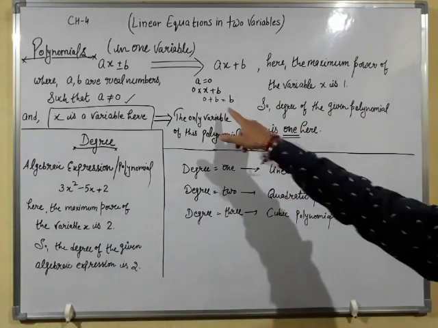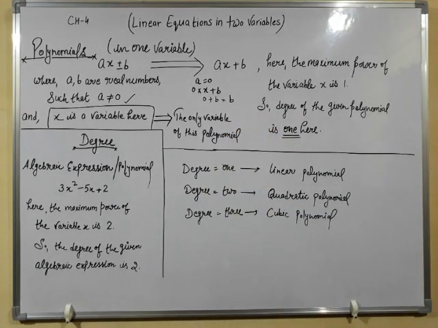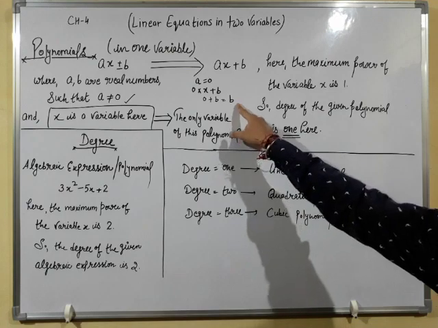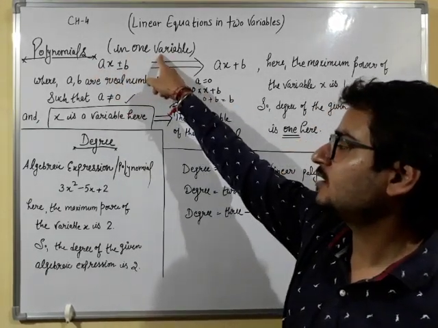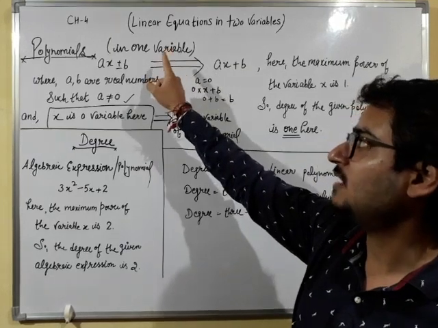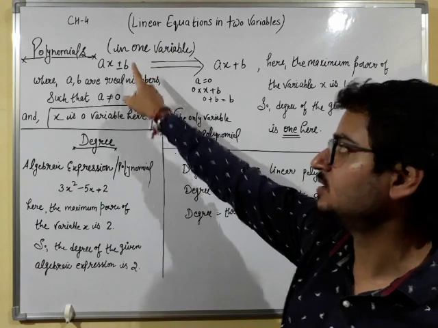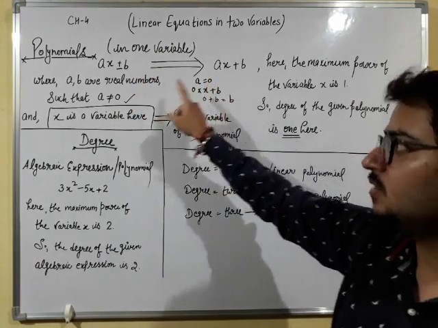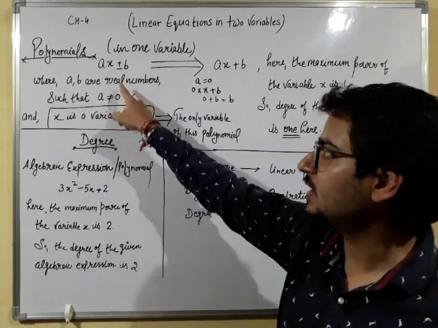So b doesn't have any variable, therefore b is a constant. But we are discussing a polynomial in one variable, so we need to have at least one variable in the algebraic expression. So we cannot take a equal to 0, that's why a cannot be equal to 0 here.